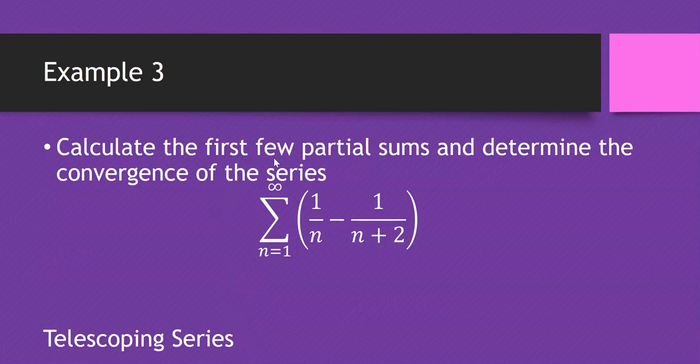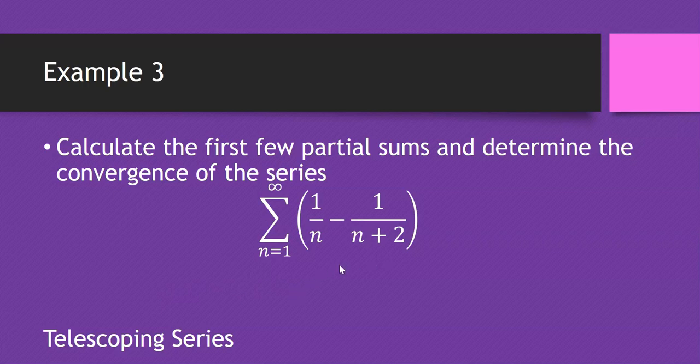So let's calculate the first few partial sums of this series and see if this one converges or not. By the way, this is a special type of series called a telescoping series. We'll see why that is once we start writing out the first few partial sums.